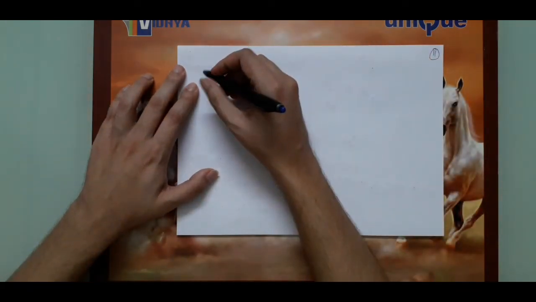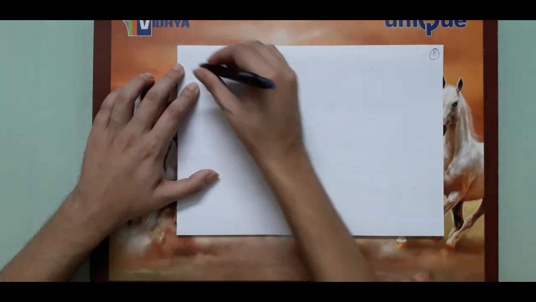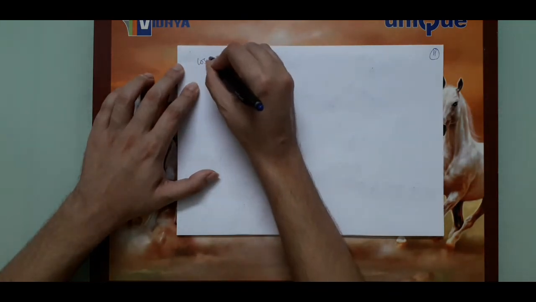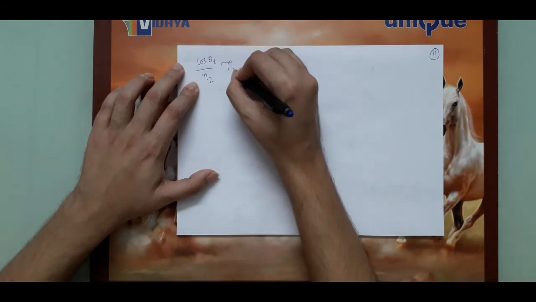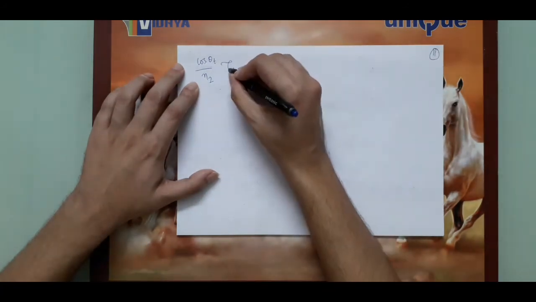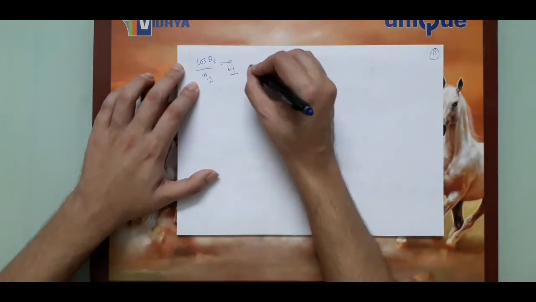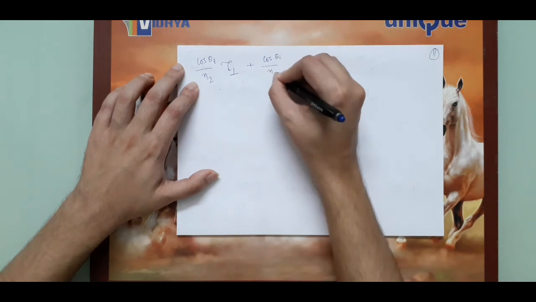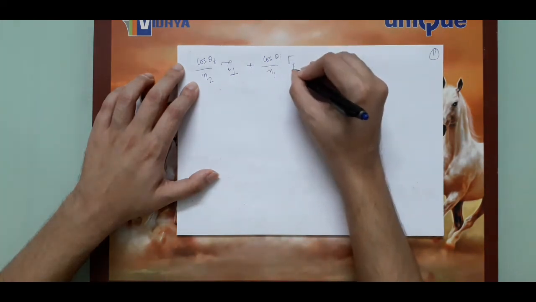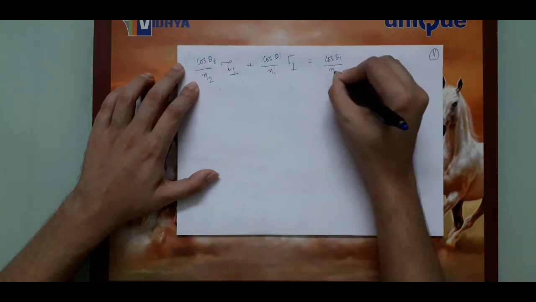And that is, we will get cos theta t by eta2 tau plus cos theta I by eta1 times gamma is equal to cos theta I by eta1.